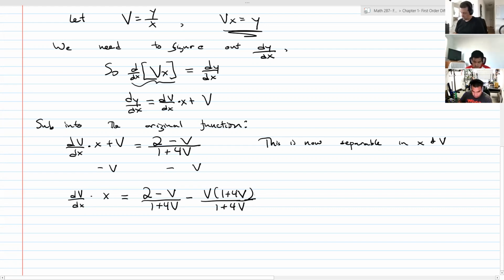So this gives me (2 minus v minus 4v squared) over (1 plus 4v), which is (2 minus 2v minus 4v squared) over (1 plus 4v).